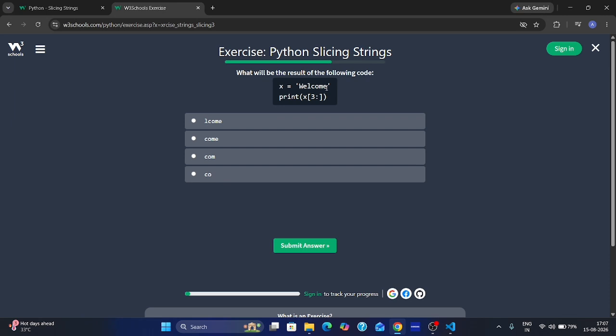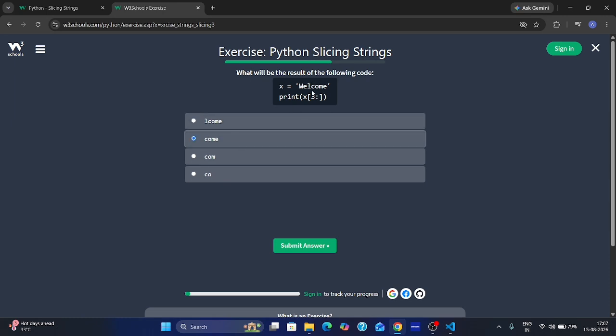Here the end value is 3, so it will go up to before the index 3. Let's say W is 0, E is 1, L is 2, C is 3. So it will print Wel.